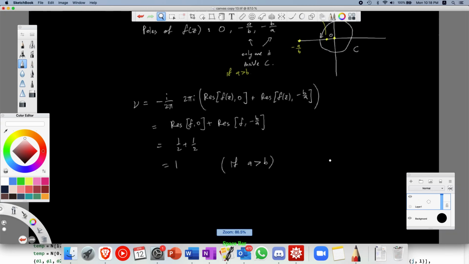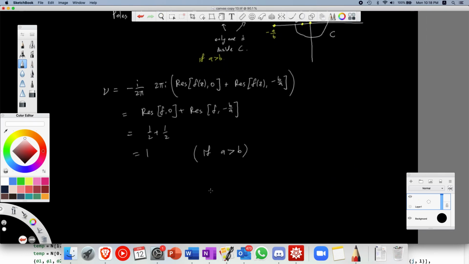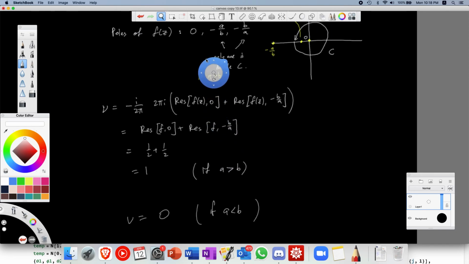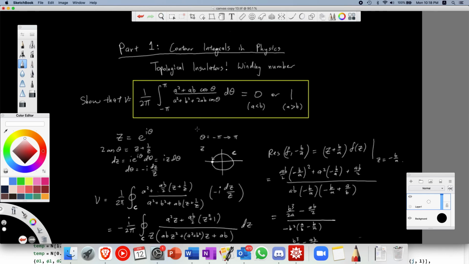Now one could simply repeat the exact same steps for the case where a is less than b, and you'll see that this equals 0. I will not go through the steps because it is pretty much identical, but essentially we have shown that this contour integral depends on the parameters a and b, namely that if a is greater than b, then the contour integral is equal to 1.